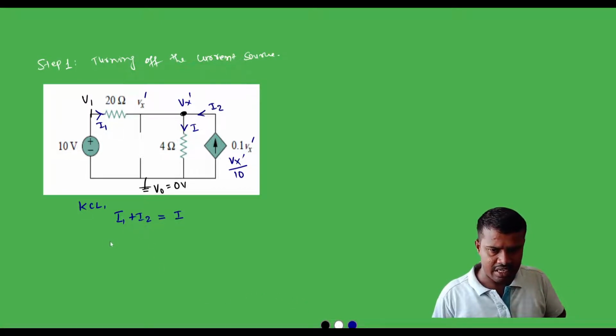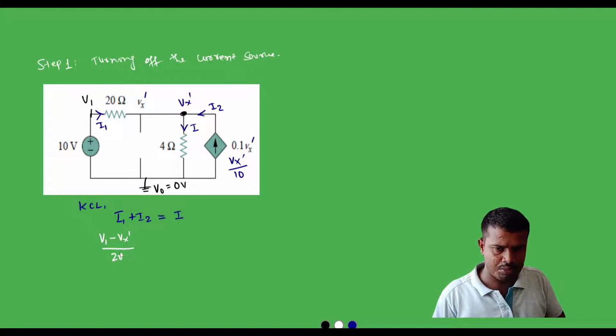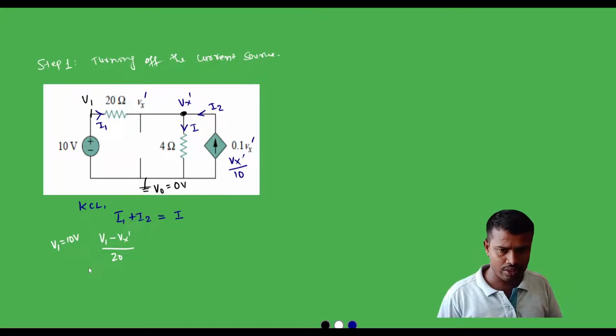So we can write I1 is equal to V1 minus Vx dash divided by 20 ohm, as per Ohm's law, I equals V by R. Now the source's positive terminal is connected to the 20 ohm resistor, and this point we have marked as V1, a non-reference node. So V1 is at a potential of 10 volt. Now plus I2.